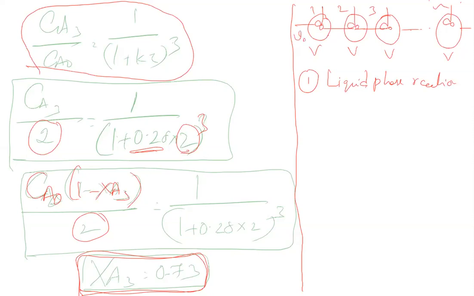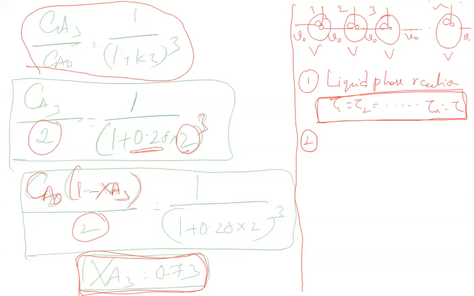Then the volumetric flow rates will also be the same across all the reactors. That means tau 1 equal to tau 2 equal to tau 3 and so on, tau n is equal to tau. All the taus are equal. This is the liquid phase reaction.